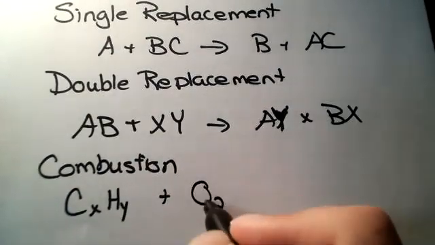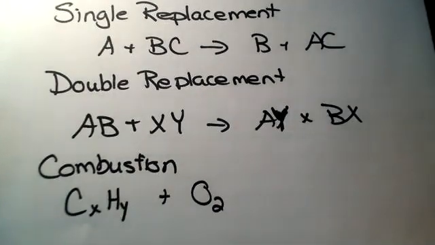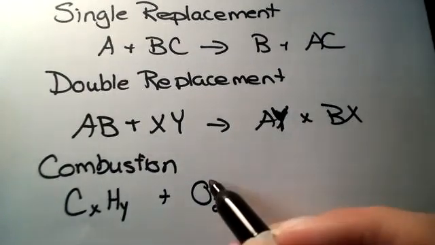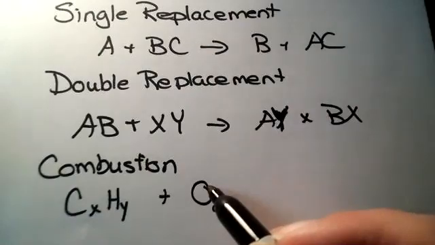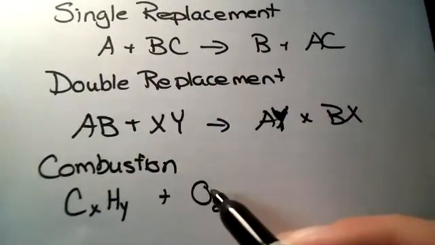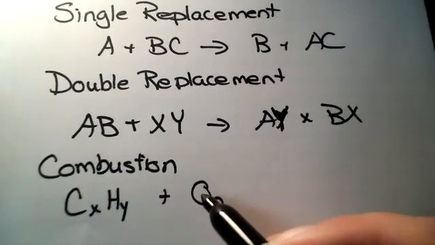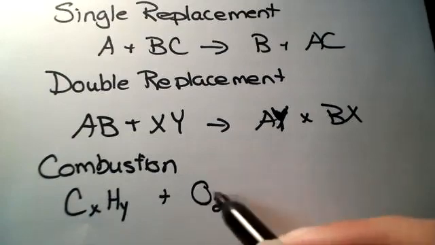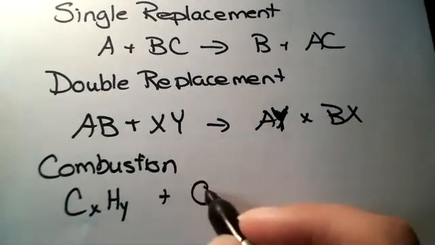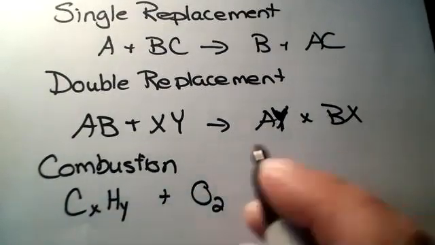They will all have oxygen added to them because we know in order for something to burn, there has to be oxygen present. I know that everybody in here at some point has probably had a candle and you put the lid on the candle or you put a glass over the candle and it went out. That was because it used up all the oxygen. So we have to have oxygen in order for combustion to take place.